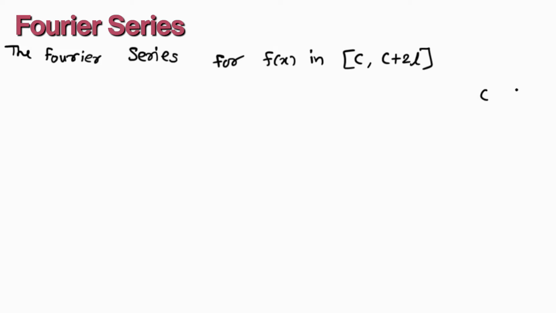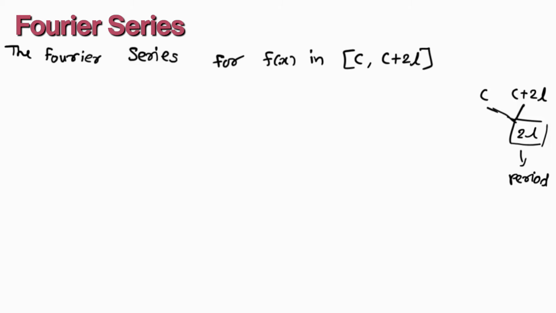If we find the length of the interval c to c plus 2l, the length is 2l. So the interval length is 2l, that's why we can say 2l is the period of the function. The functions we are discussing are periodic functions, because we know that Fourier series is applicable to periodic functions, and the period is 2l.